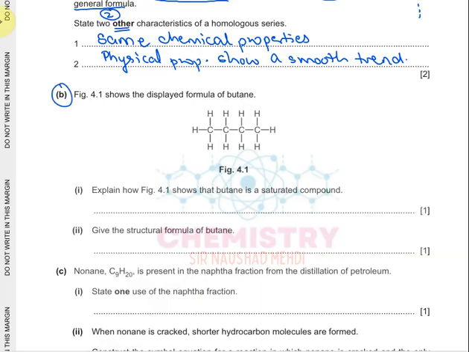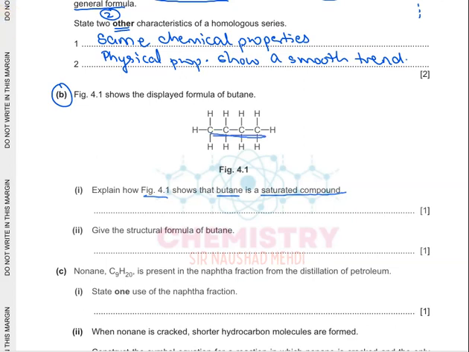Now in part B, it is saying that this is the displayed formula of butane. Explain how figure 4.1 shows that butane is a saturated compound. Saturated compounds are those compounds in which all the carbon-carbon bonds are single covalent bonds. So here you can see all the carbon-carbon bonds are single.